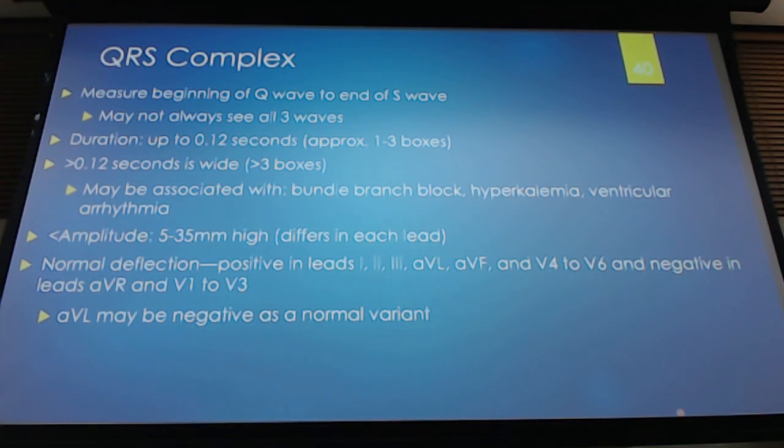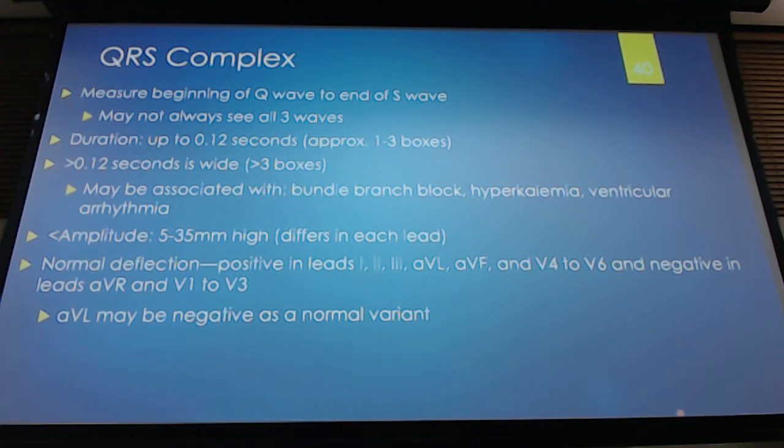In V1 and V2, we have what? A prominent S wave. Small r, prominent S. So in V1, V2, and sometimes V3, we will see the QRS complex being more negative because we have a prominent S wave.